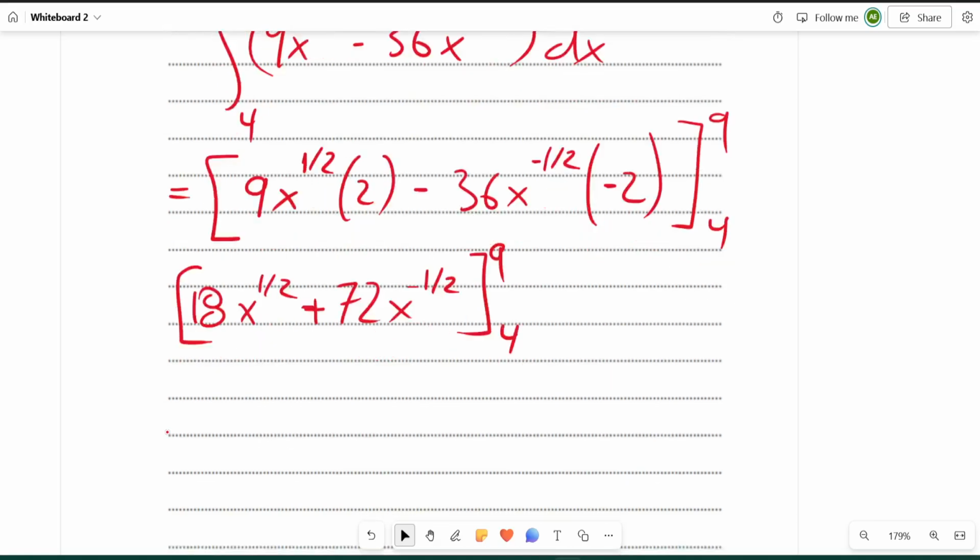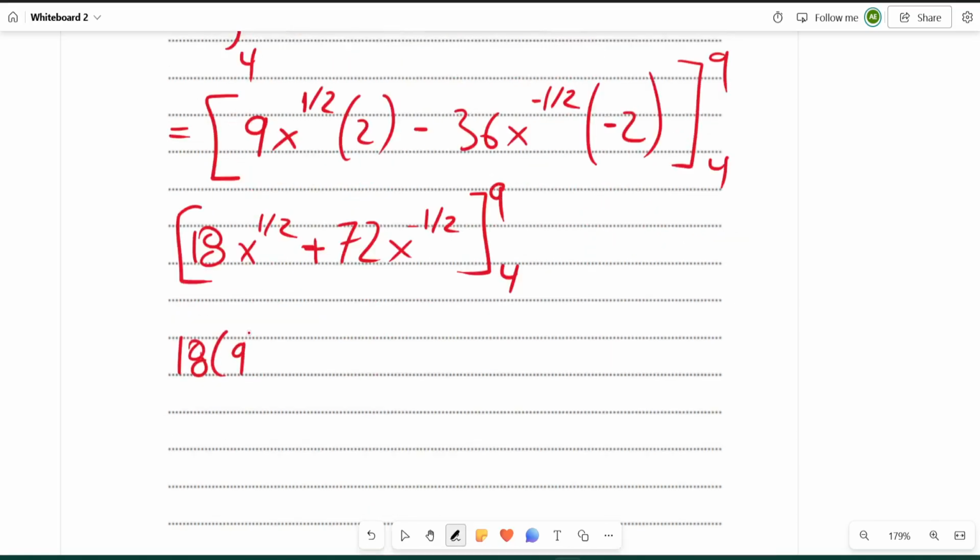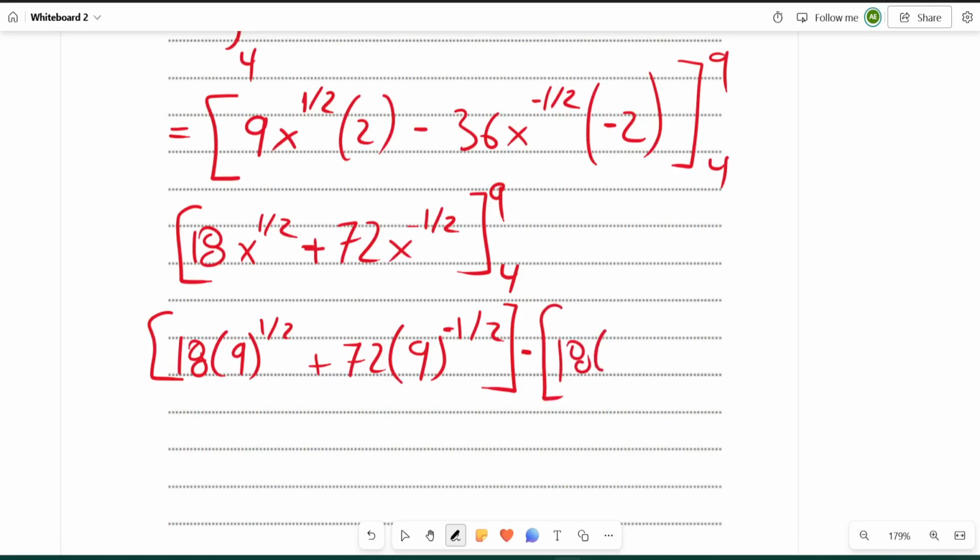So let's substitute 9, so it's going to be 18 into 9 power half plus 72 into 9 power negative half, all in a bracket, and then minus 18 into 4 power half plus 72 into 4 power minus half. Evaluating this, 9 power half is 3, 18 times 3 is basically 54. 9 power negative half is the same as over 9 power half, so over 3, so 72 divided 3 is basically plus 24.